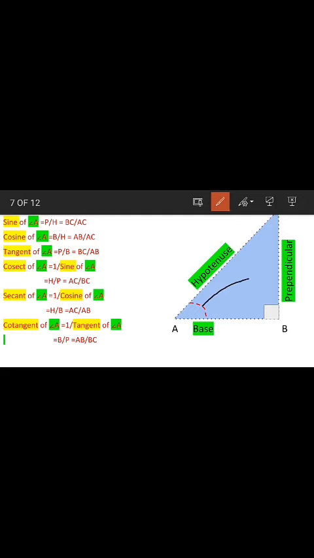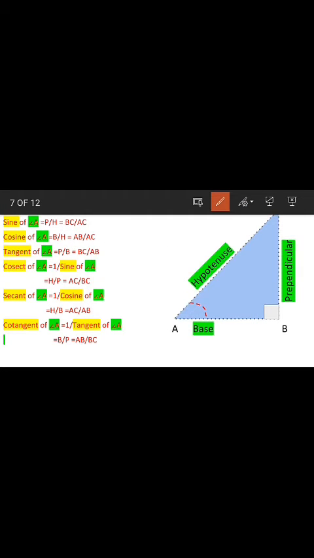That is going to be BC and AC. So sine of angle A is perpendicular upon hypotenuse, and the perpendicular is BC and the hypotenuse is AC. Therefore sine of A is going to be BC upon AC.